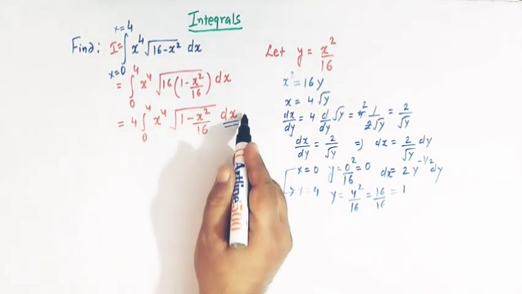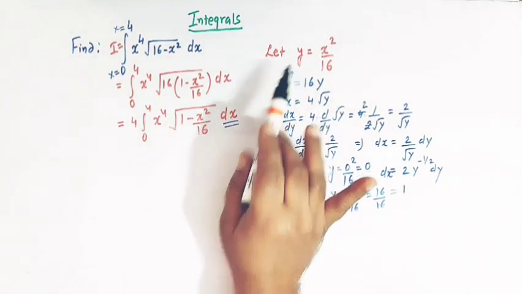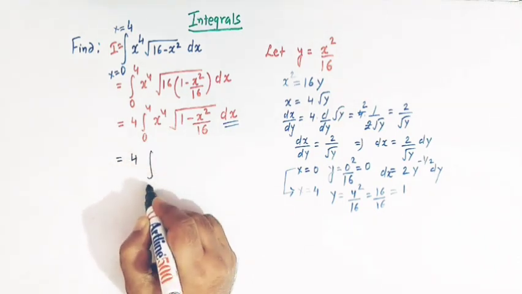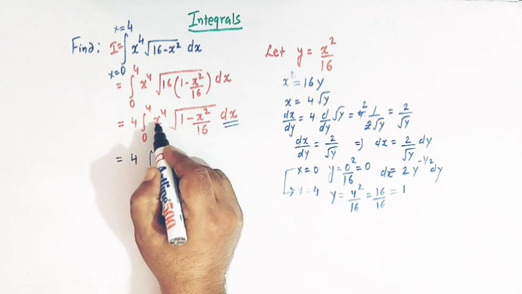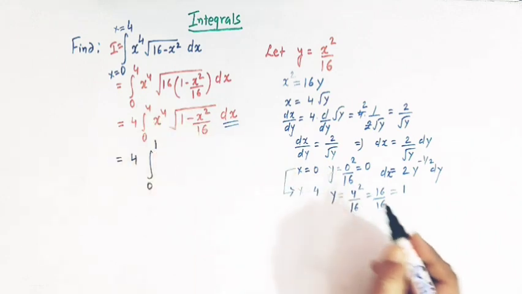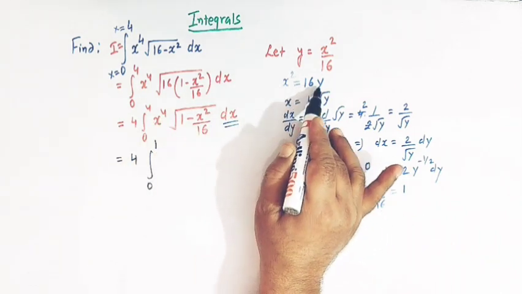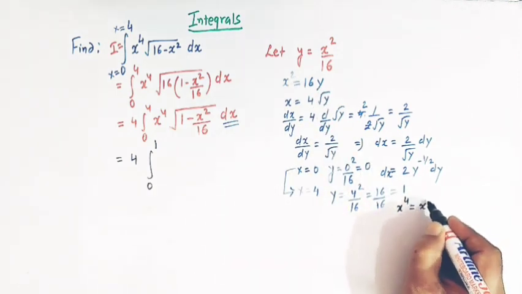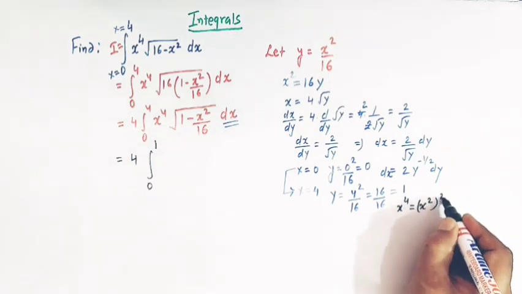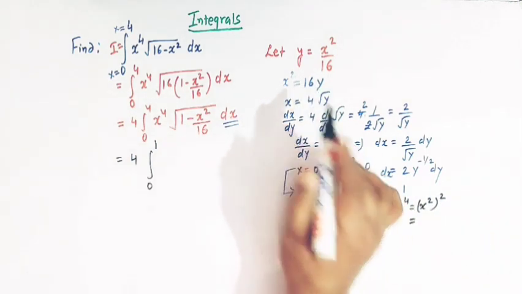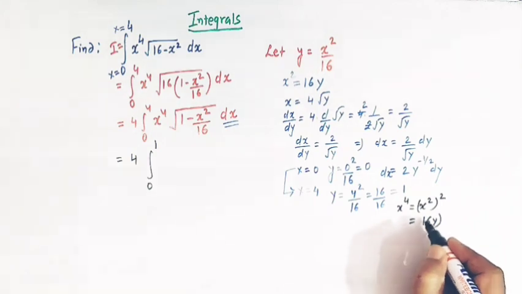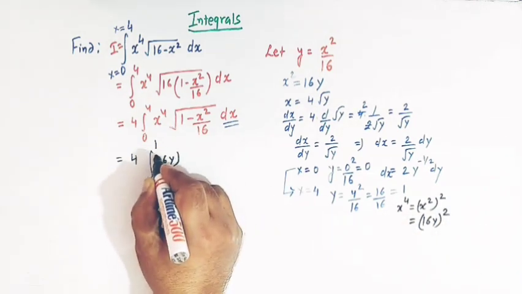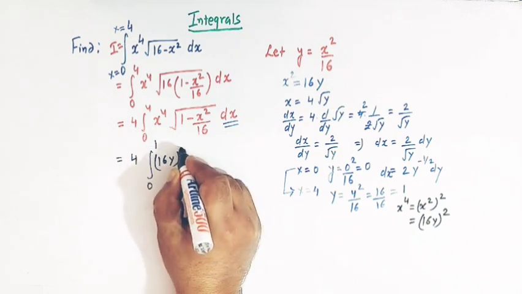Now we can write this integral in terms of y. So we have 4, then the integral from 0 to 1, and x raised to 4. See, x square is 16y, so x raised to 4 is x square raised to power 2, which is 16y raised to the power 2.